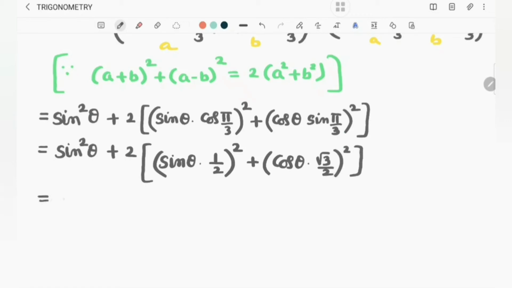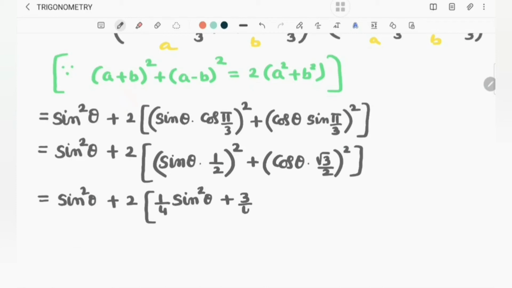So sin square theta plus 2 into, sin square theta into 1 by 2 whole square is 1 by 4, plus root 3 by 2 whole square is 3 by 4 into cos square theta.